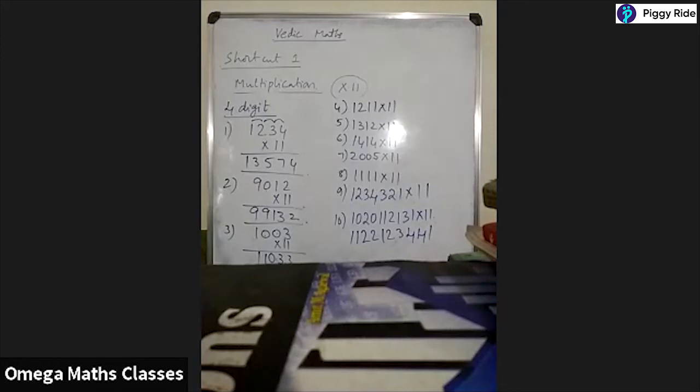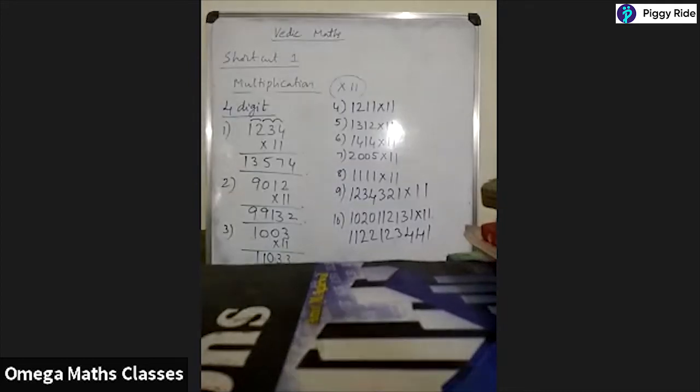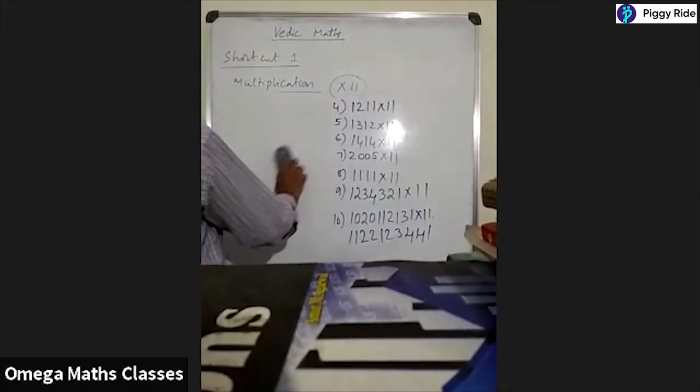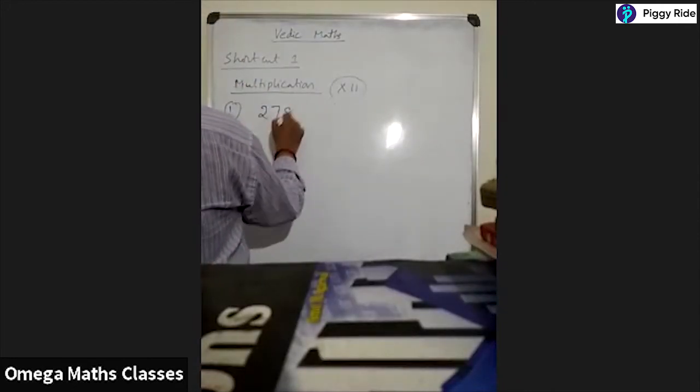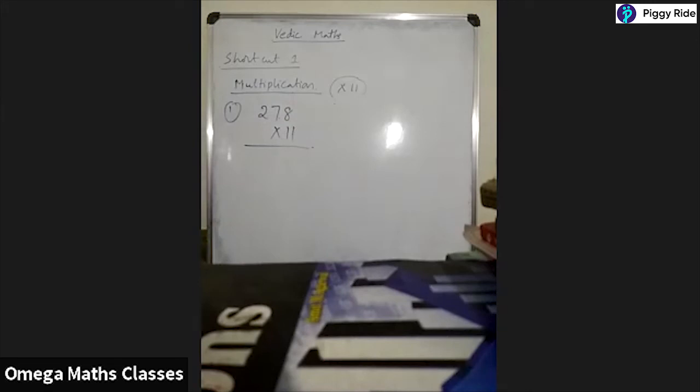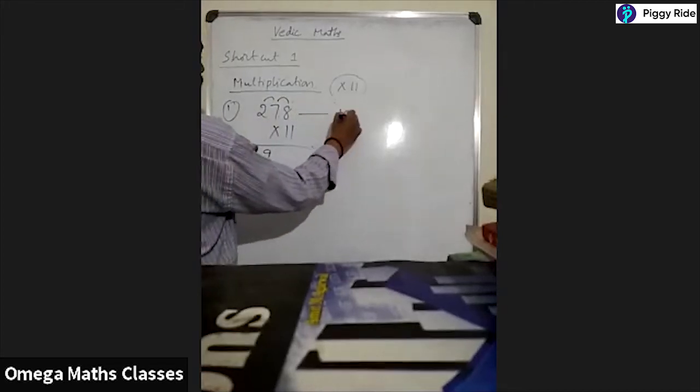Now type 2. Look at type 2. What is type 2 multiplication? So what is the difference? First of all, 2, okay. 2 plus 7 is 9, okay. But 7 plus 8 is how much here? 7 plus 8 is 15. So for this we got 15.